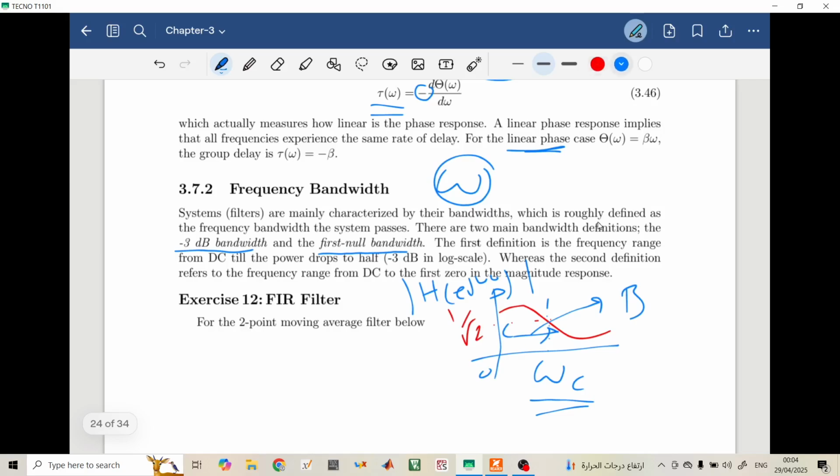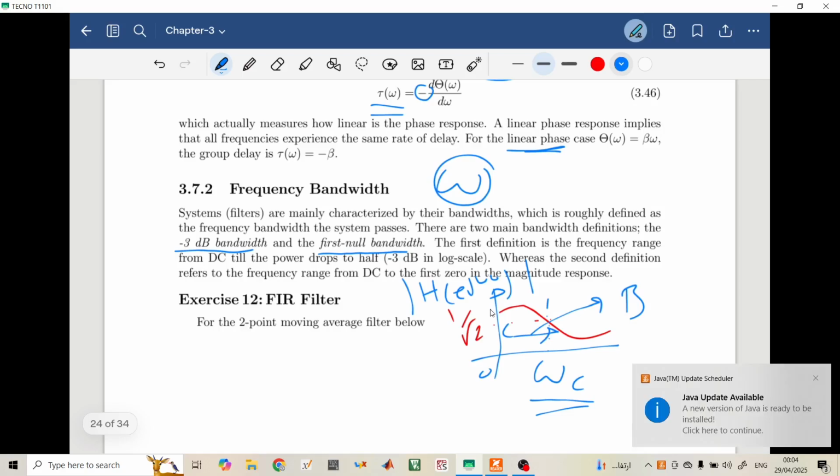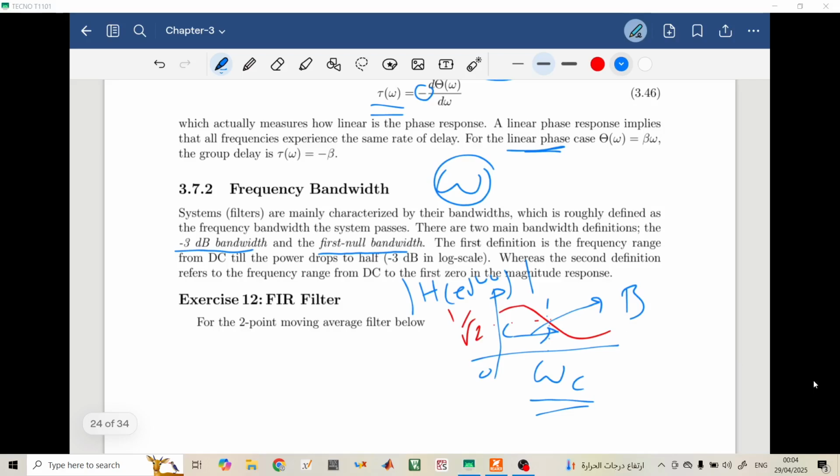As for the first null bandwidth, it's an easier definition. Again we are investigating the magnitude response.